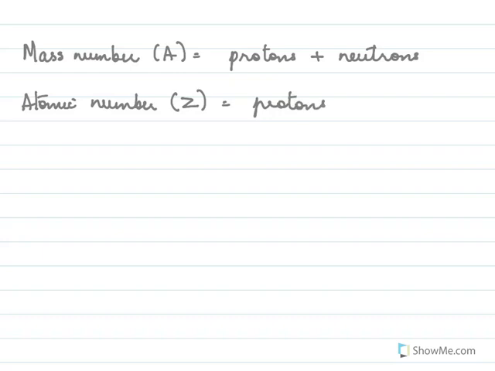Now when an element is written, we usually write it in this manner. Suppose carbon, we write carbon, 12 and 6. What does this mean? When we have the symbol of an element, the number on the top is the mass number, and the number at the bottom is written as the atomic number.